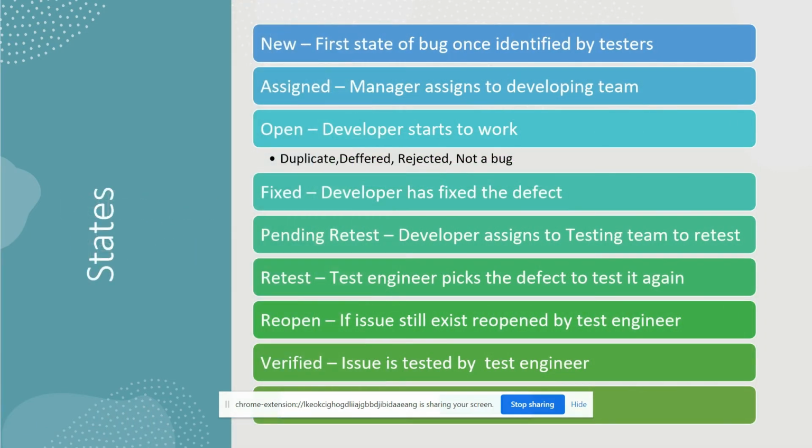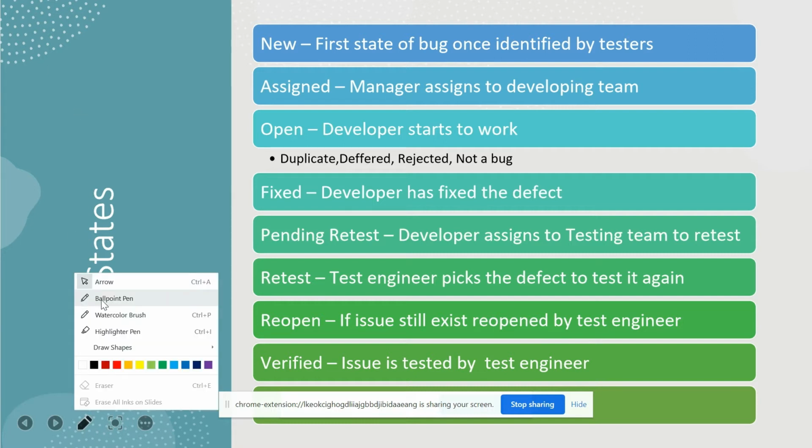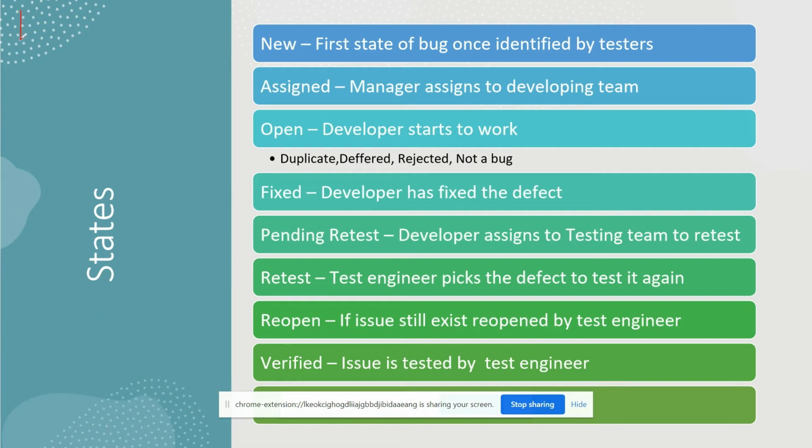So now these are the different states, as I said. New. Now you go as a test engineer, you open the application, you test a feature, and at that time you see that there is a defect. Say you test a text box.